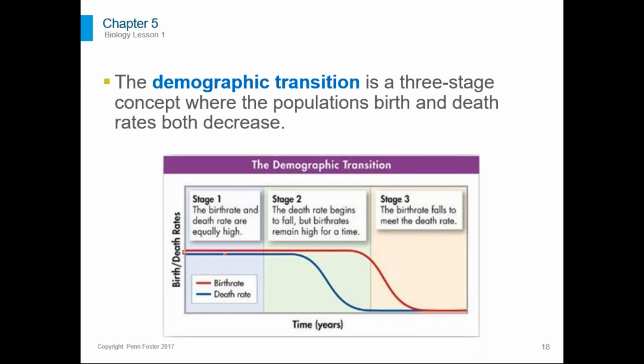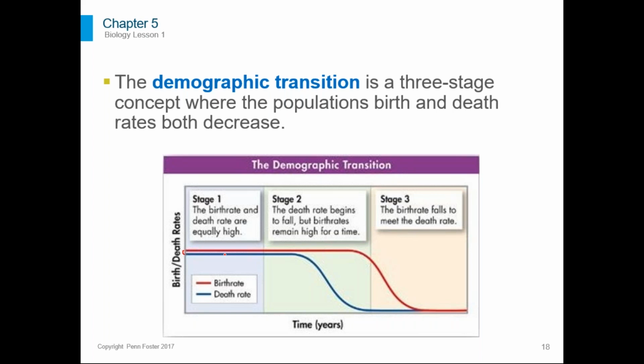The population is still growing, but we're working towards stage 3. So people in general are having less children than they did 200 years ago, because less people are dying. So those are the 3 stages of demographic transition.